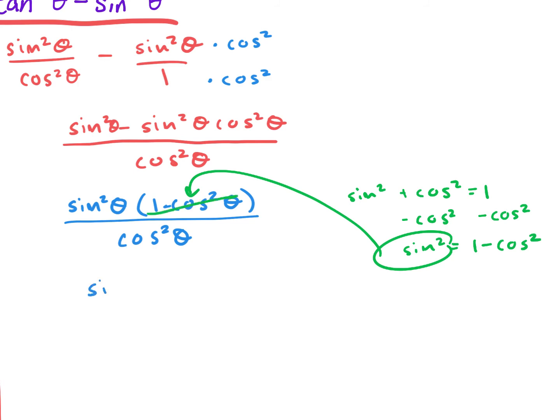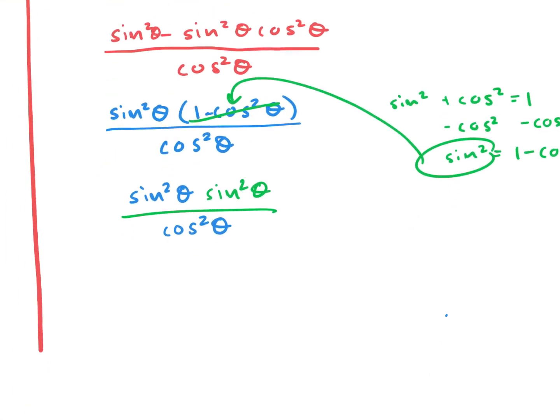So I have sine squared times sine squared over cosine squared. And then I split those up into 2 different fractions: sine squared theta over cosine squared theta, and sine squared theta over 1. Okay, so in multiplying, I can break it up. So sine squared over cosine squared times sine squared over 1.